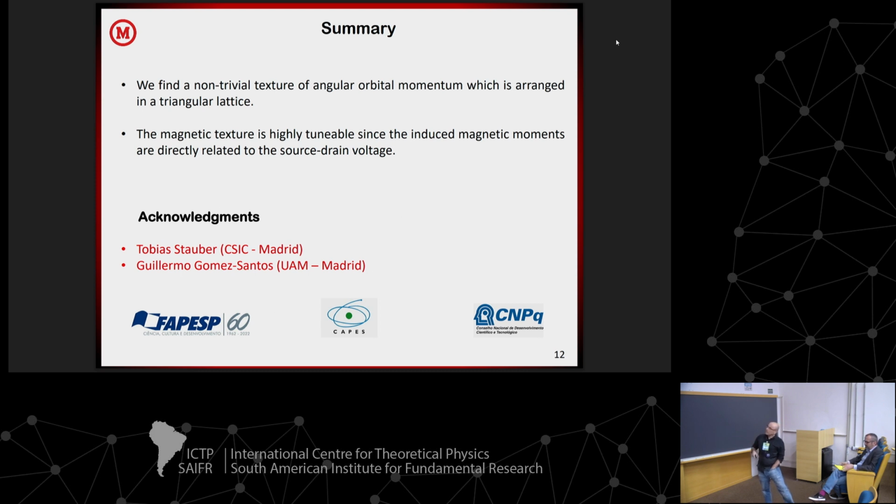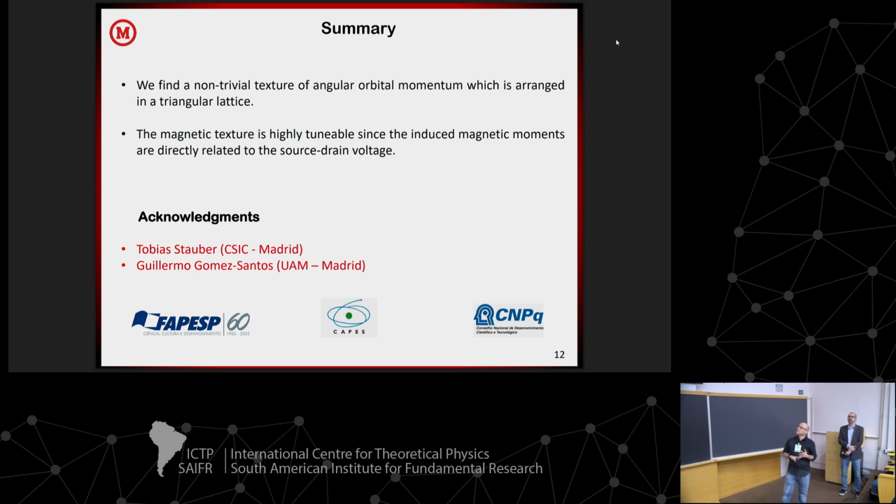So, well, I reached the end of the presentation, but I want to leave you with an idea. We found a chiral response. We found in-plane magnetic moments generated by the localized state.